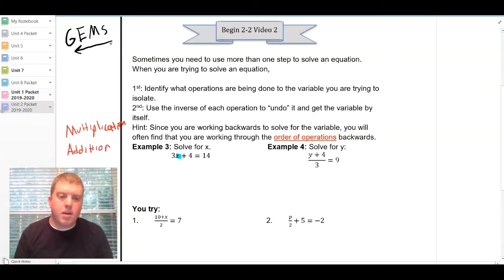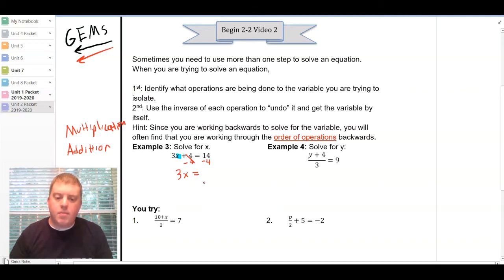Now if I'm working backwards through the order of operations, I would go through subtracting and adding first. So I need to get rid of that plus 4. I would do that by subtracting 4 from both sides, since subtraction is the inverse of addition. On the left side, that's going to leave me with 3x, because the 4 and the negative 4 cancel out and give me 0.